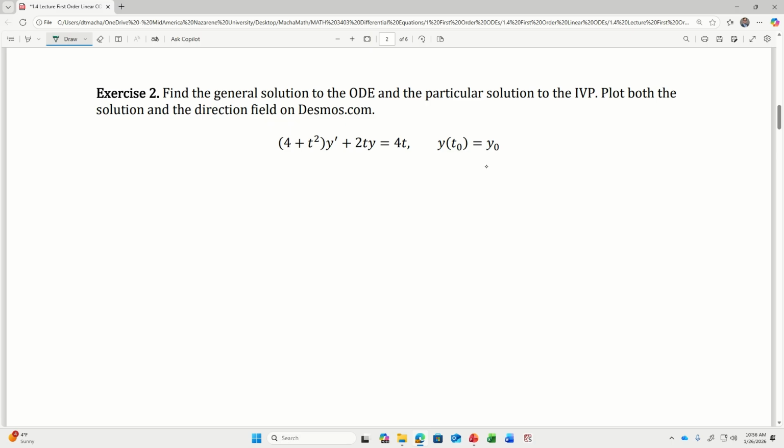So in exercise 2, it says find the general solution to the ODE and the particular solution to the IVP. This is what I mean.